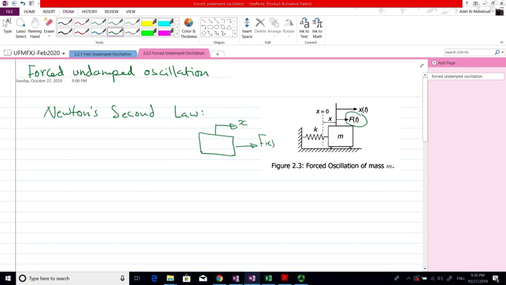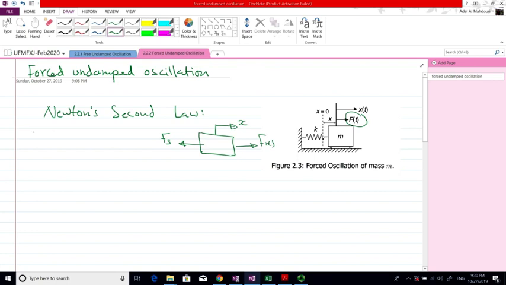And as this object moves to the right, of course there is a force or potential inside the spring by which it will try to pull it to its state of equilibrium. So the force acting opposite to that will be the spring force, Fs.